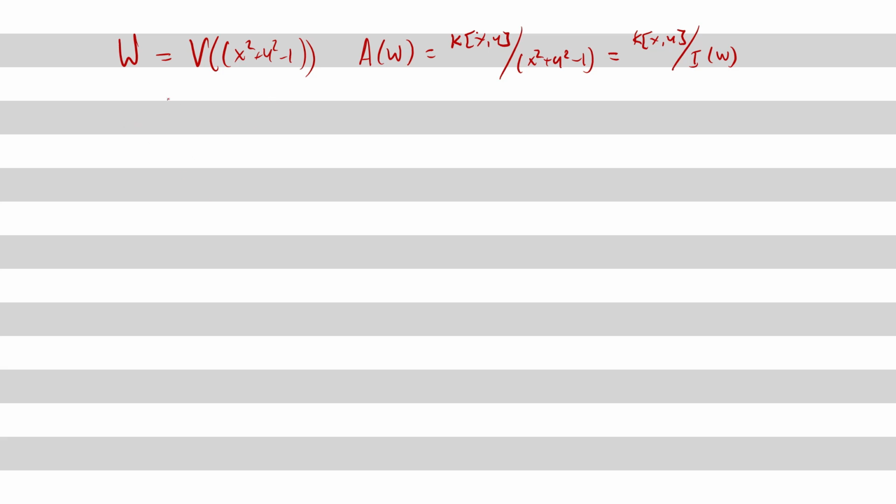But we have k[x,y] surjectively mapped to A of W via c00 plus c01 x plus c10 y plus c02 x squared plus c11 xy plus c20 y squared plus c03 x cubed plus c12 x squared y plus c21 x y squared plus c30 y cubed.